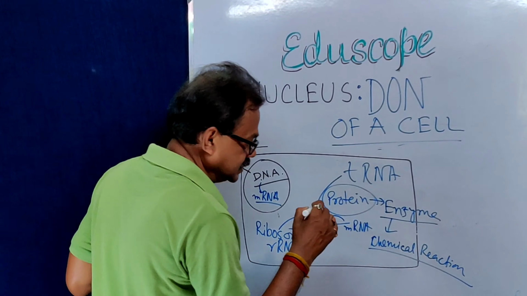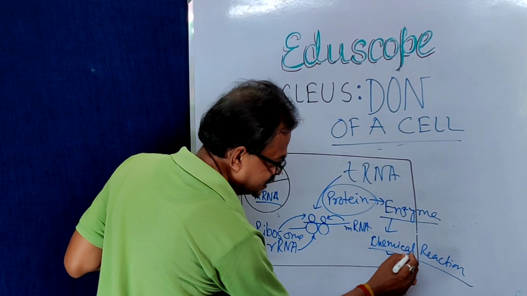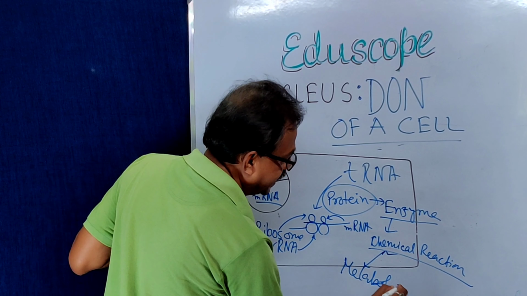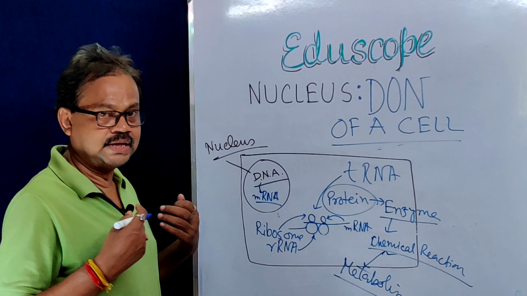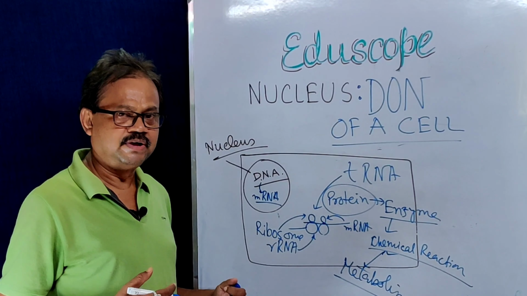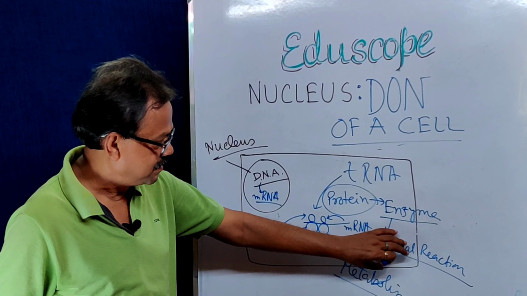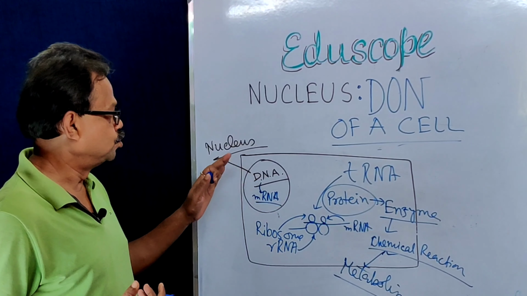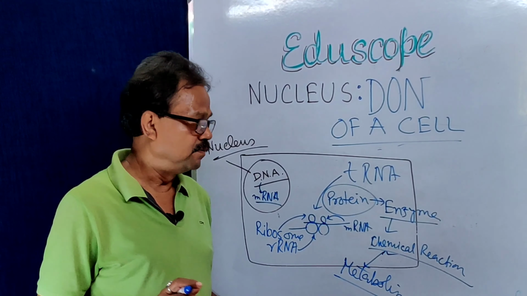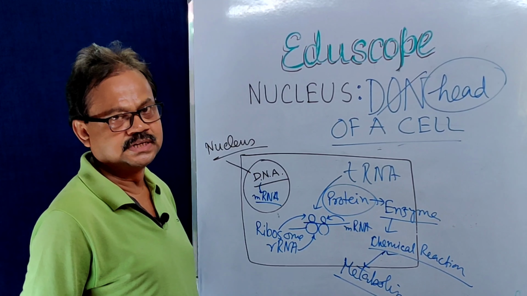That's why the nucleus is called the dawn of a cell, and we know these chemical reactions are collectively called metabolism. If metabolism is there, we are surviving. If chemical reactions are taking place in our body, then we survive, otherwise we cannot survive. So this metabolism or chemical reaction is ultimately controlled by the nucleus. That's why it is called the dawn of a cell. Actually it is not the dawn of a cell, actually it is the head of a cell. The nucleus is the head of a cell.